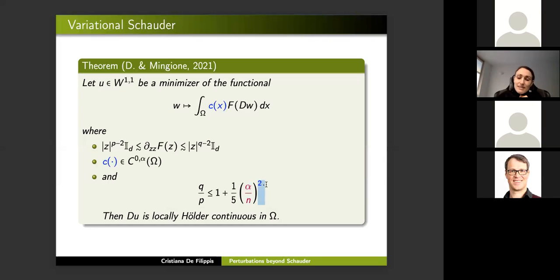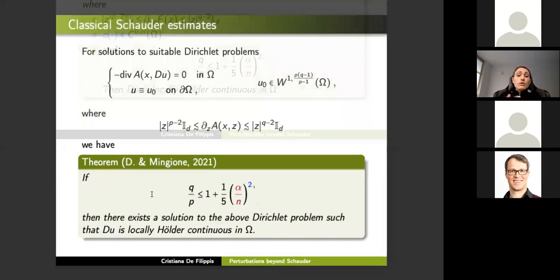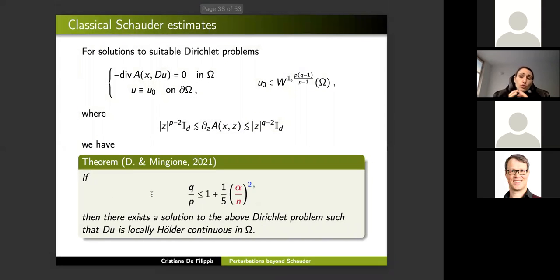And this square here is due to the fact that the coefficient is multiplying the highest order term, okay? Again, in this setting, I can prove that the gradient is locally Hölder continuous. An analogous result holds for solutions to non-uniformly elliptic equations that satisfy PQ non-uniform ellipticity, okay?